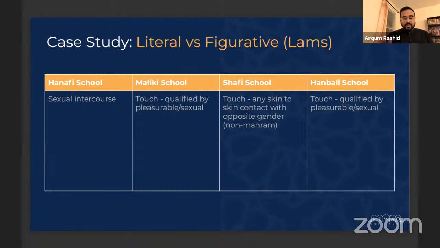That's what the Shafi'is understand as the literal understanding. The Hanbali school, touch, qualified, very similar to the Maliki school here, right? Obviously, there will be some nuances when you look into the Hanbali variations of the same ruling. So what they will qualify as a pleasurable touch and what will not.